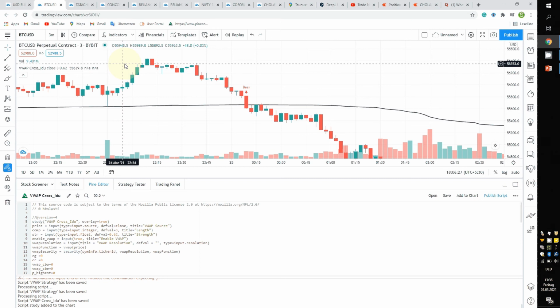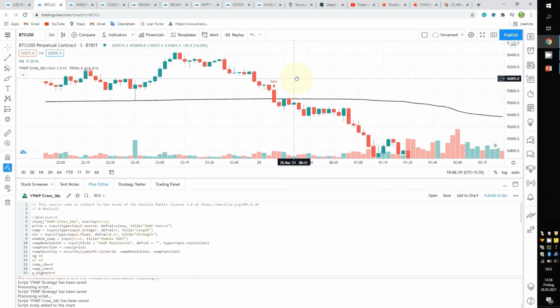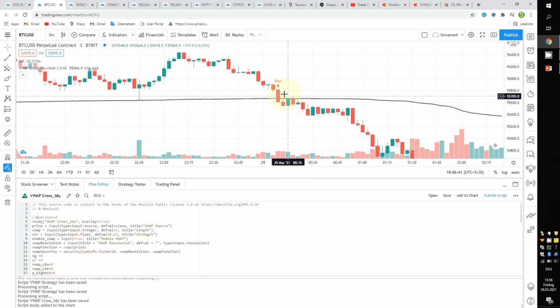So this strategy or this study will generate two types of signal. One is buy and one is sell, or bear or bull, and it works like this. If the candle crosses the VWAP line and the strength of the candle is quite good, so in this case you can see the length of the wick is very small, or there's almost no wick here.